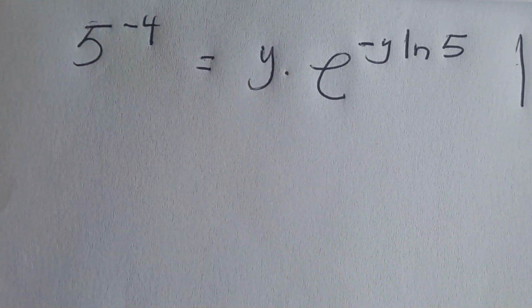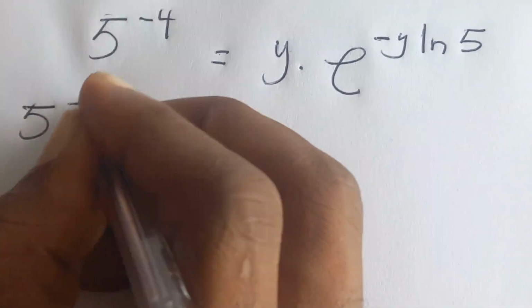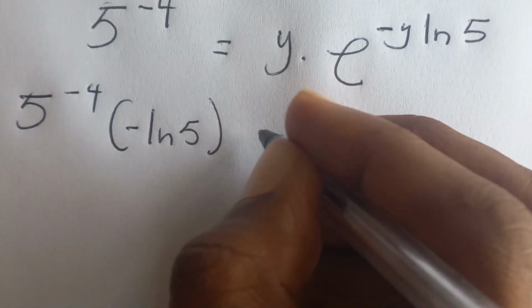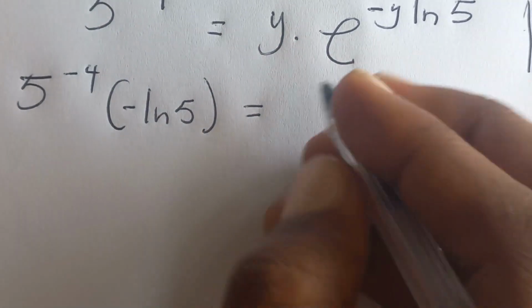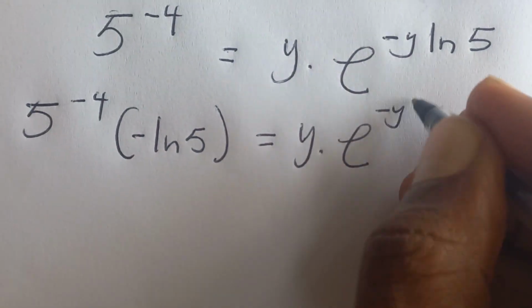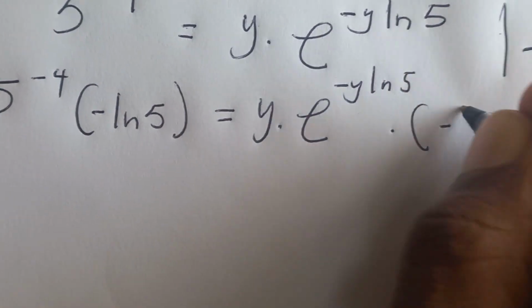By doing so, we are going to get 5 exponent negative 4 multiplied by ln 5 is equal to y multiplied by natural log of 5 exponent negative y multiplying by negative ln 5.